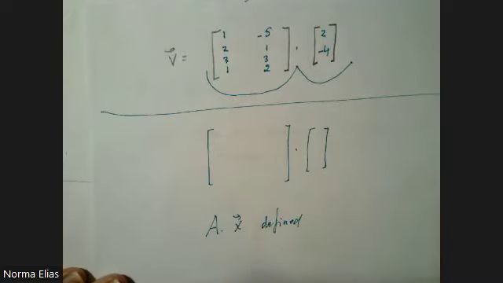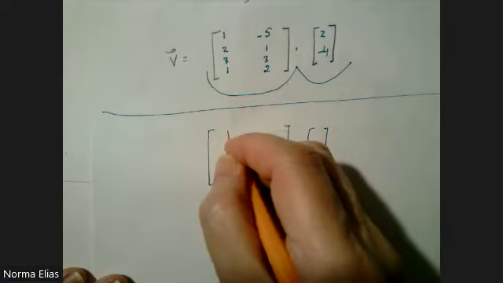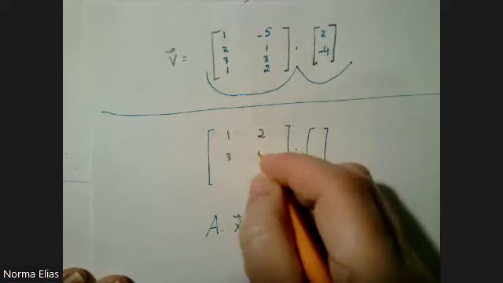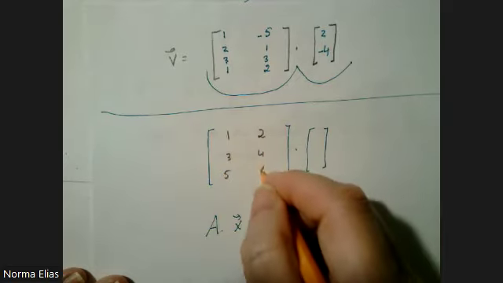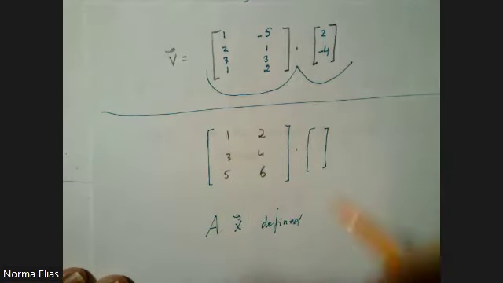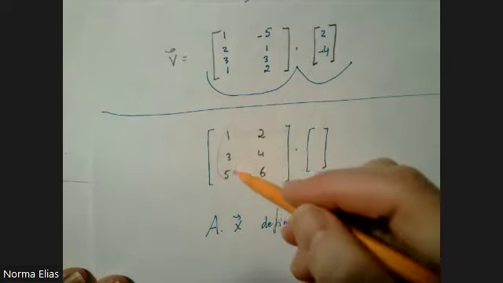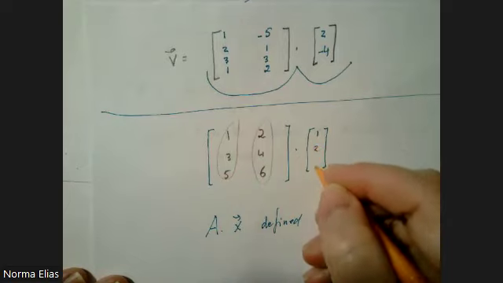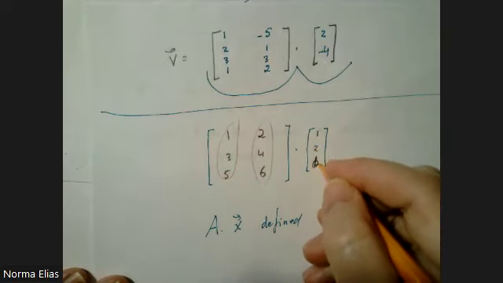You don't have to write, we're going to write it in a second. Suppose I have 1, 2, 3, 4, 5, 6, and the product is the linear combination of the vector. So suppose I write this, 4.